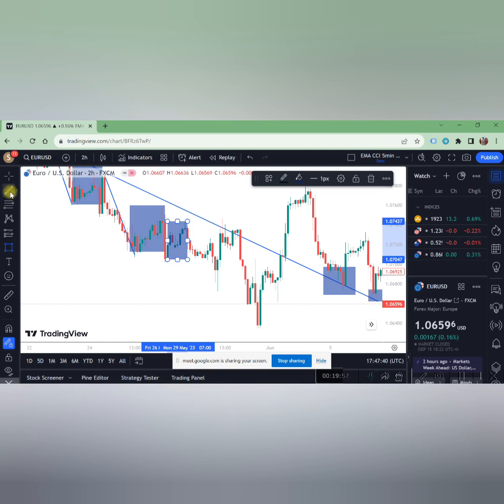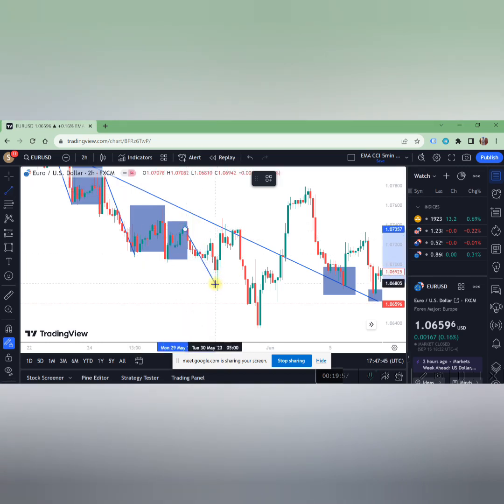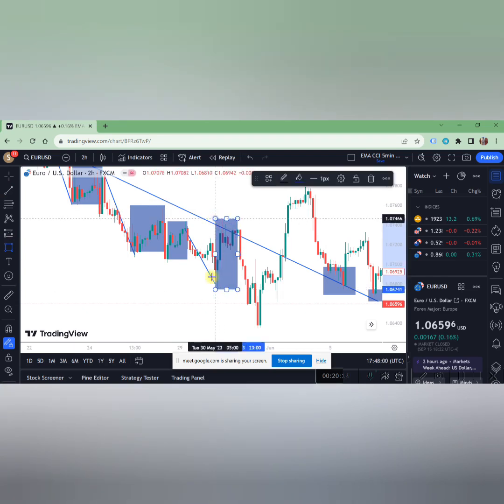Now, after that, it came down again, gave us a couple of candles down. And after that, it created a new high again, from this point till about this point. Now, have you noticed something?